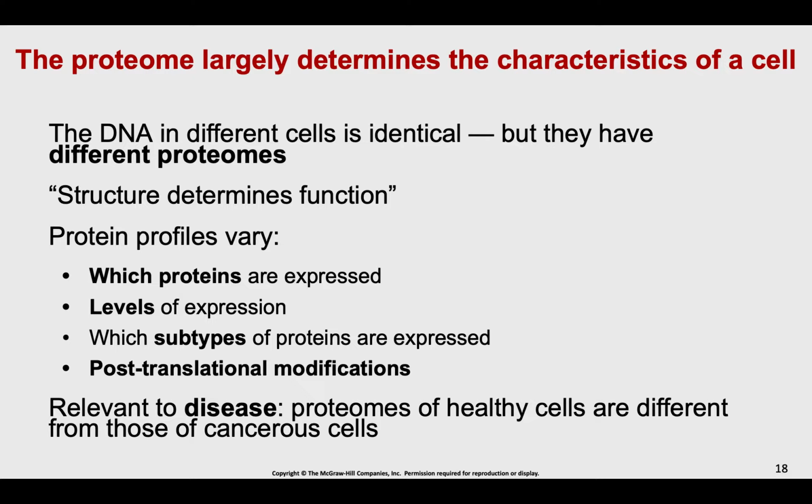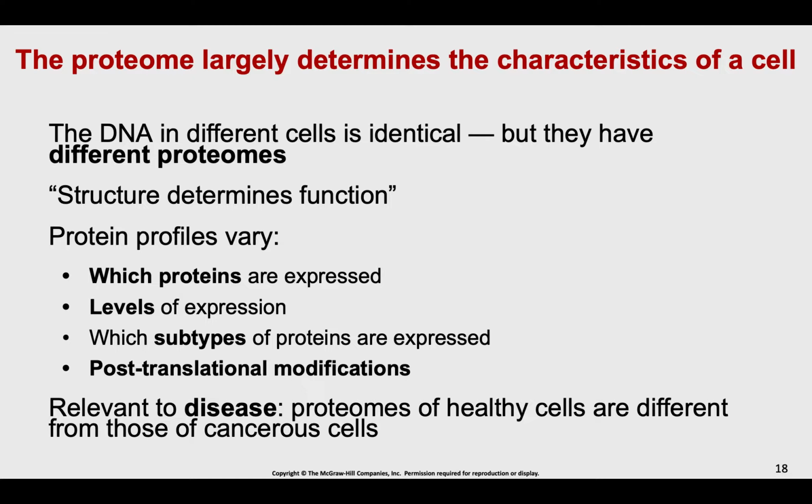The levels of expression, so maybe one cell has 100 times more of this specific protein than another cell. They still have the same proteins, but they're expressed in different amounts. Which subtypes of proteins are expressed? Different proteins that have slight molecular changes could be expressed differently in each cell.